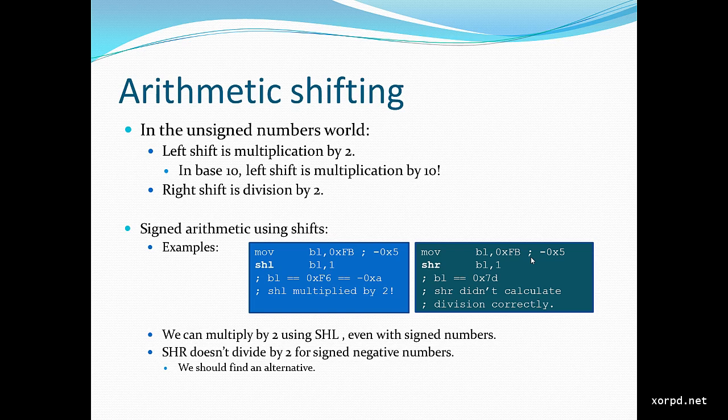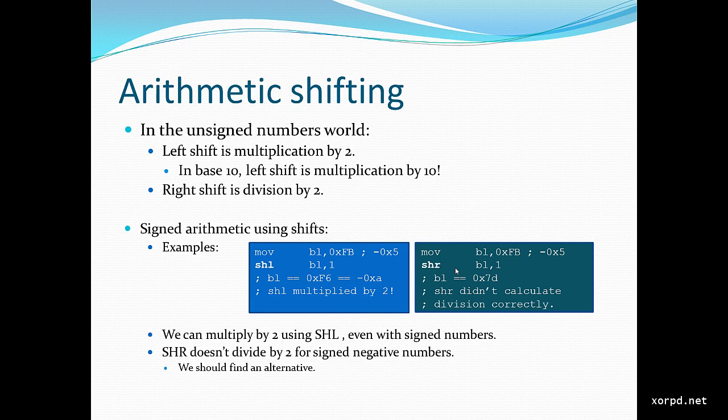Maybe to conclude, we can say that shift left works both with unsigned and signed numbers. However, it seems like shift right only works with unsigned numbers. It doesn't work very well with signed numbers. We should find some kind of alternative to the shift right instruction, at least in the signed arithmetic world.